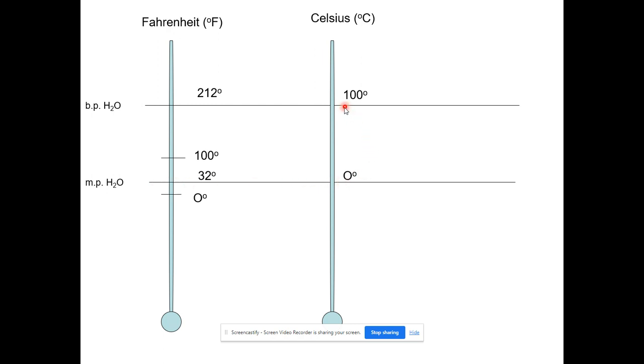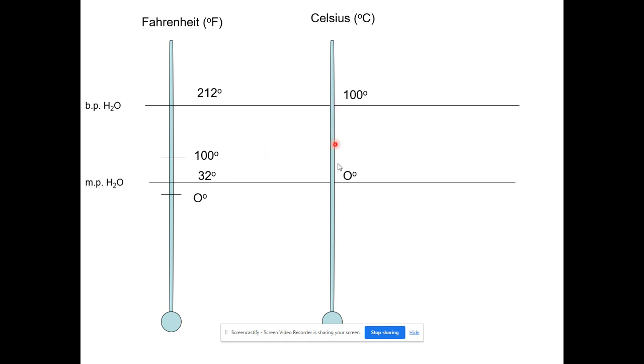And the boiling point of water he set at 100. Just like Fahrenheit did, he said between the 0 point and the 100 point on the Celsius scale, I'm going to divide this segment into 100 pieces, and each one of those pieces will be a degree Celsius.